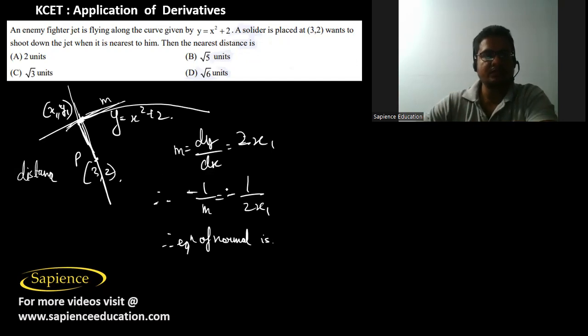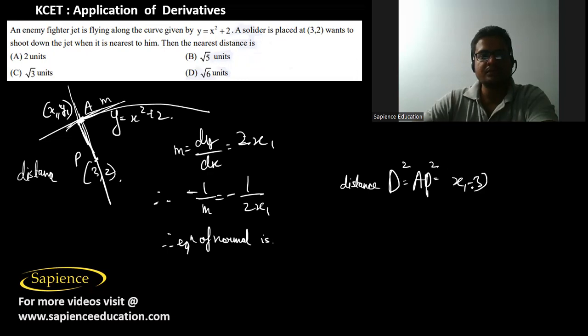Or we can solve it like this. From some point A, the distance D, which is equal to AP, we can take the square of that. So that will be x1 minus 3 whole square plus y1 minus 2 whole square.